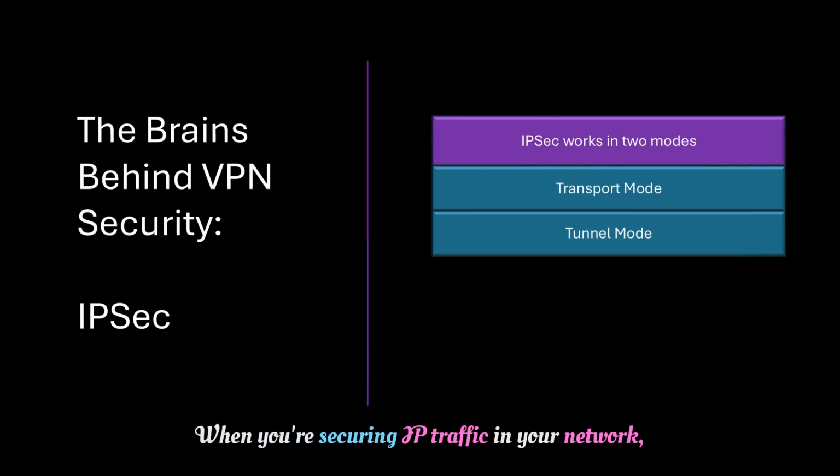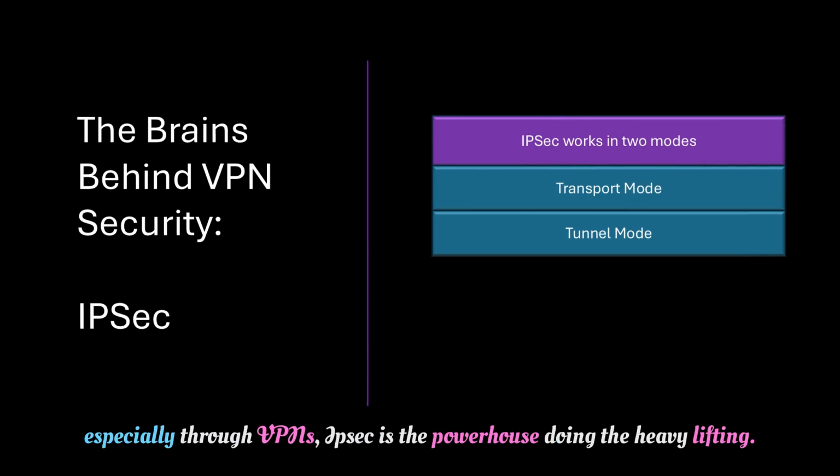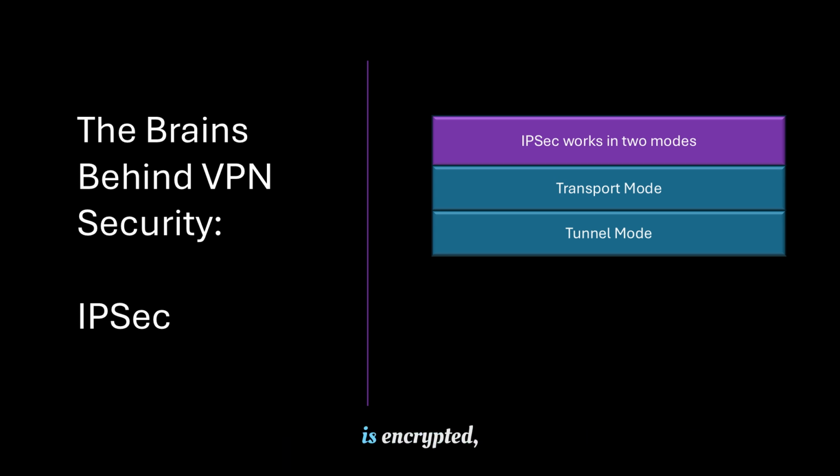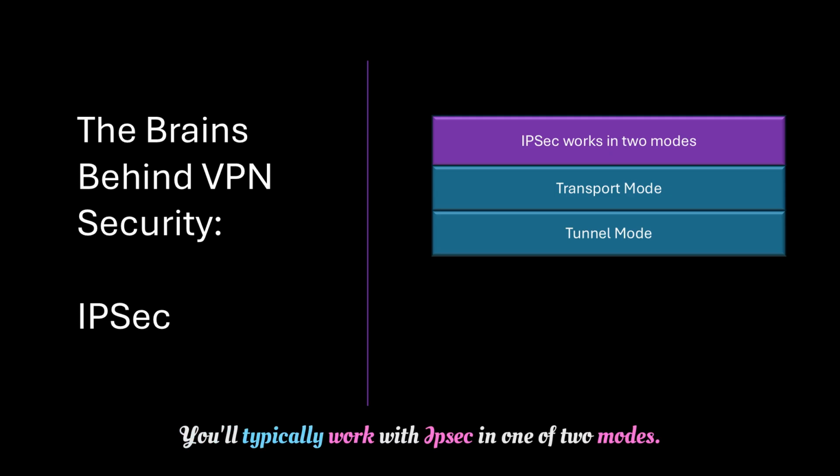When you're securing IP traffic in your network, especially through VPNs, IPSec is the powerhouse doing the heavy lifting. It's a robust suite of protocols that gives you the tools to ensure your data is encrypted, authenticated, and protected against tampering. You'll typically work with IPSec in one of two modes.